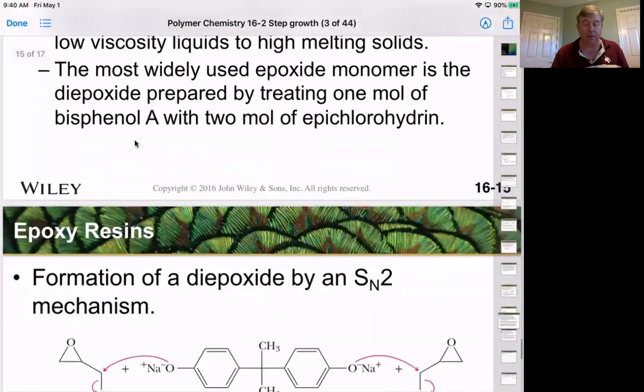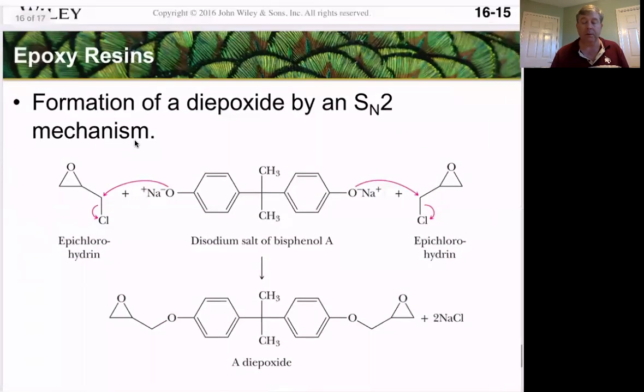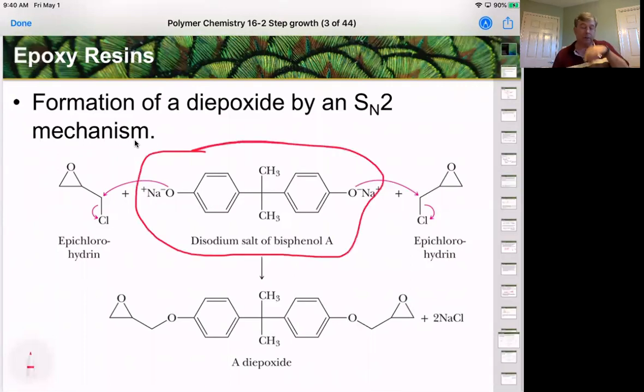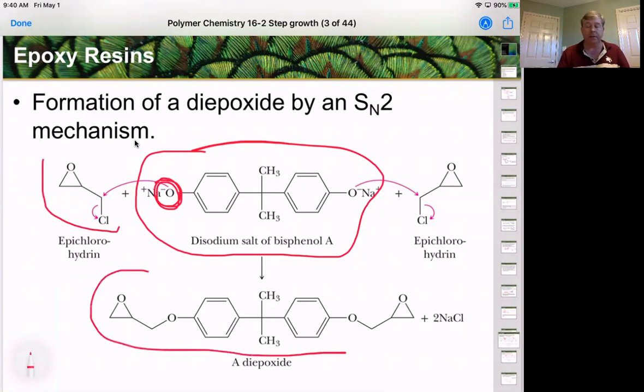Okay, so how do we make that? Well, just like with the polycarbonate, we start with a compound known as bisphenol A, and again, we turn it into the salt here, and we can react the O negative charge here as a nucleophile onto a chloro epoxy compound called epichlorohydrin, and that'll generate our di-epoxy compound.